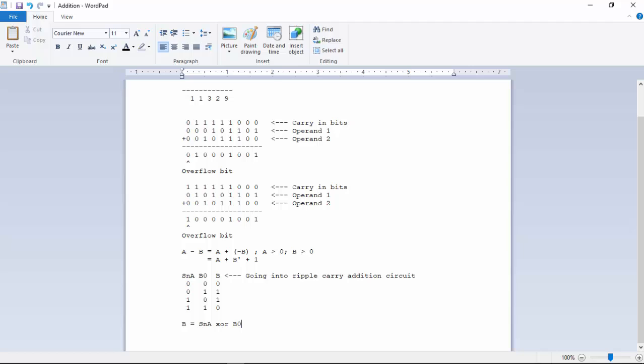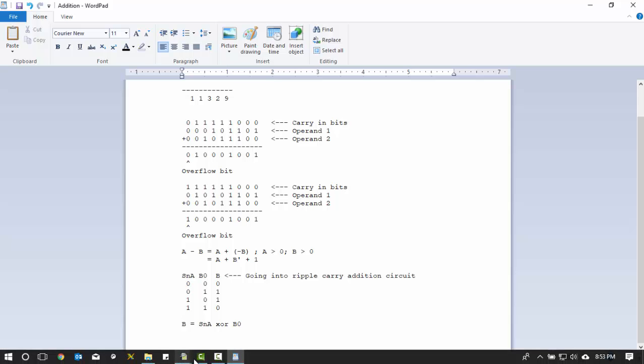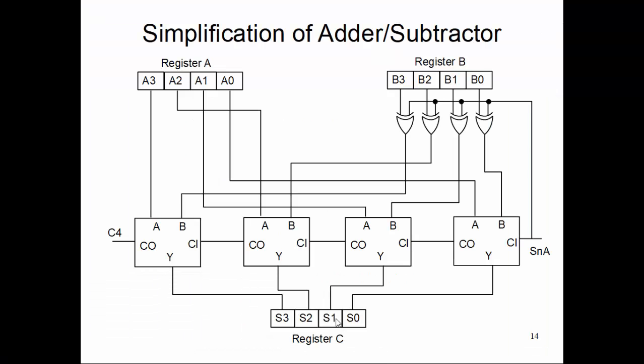Same thing, you do it for B1, B2, B3, and so on. So that's why we can replace the whole multiplexer and inversion combination of the circuit with a simple XOR circuit. Okay, and that becomes your final simplified adder-subtractor circuit.